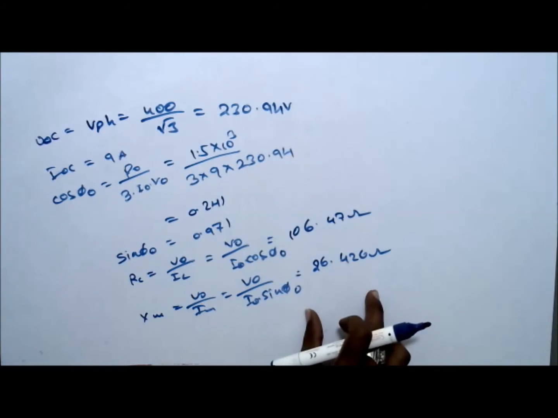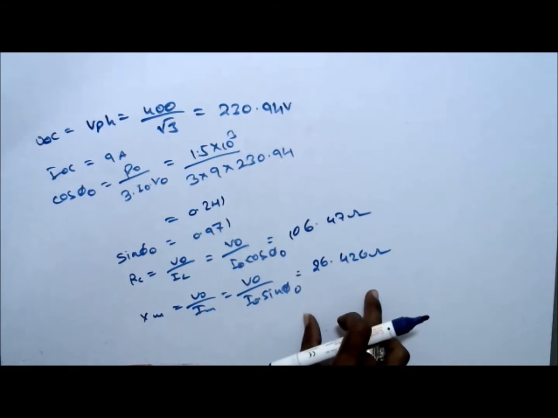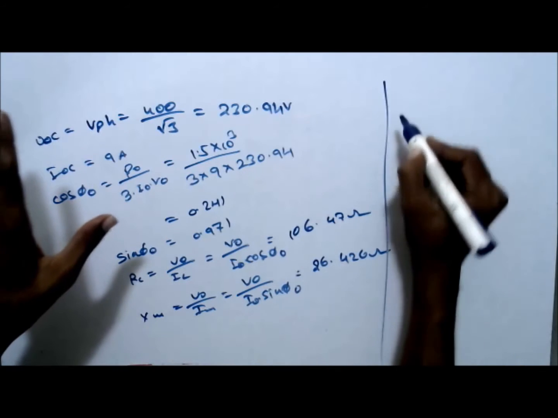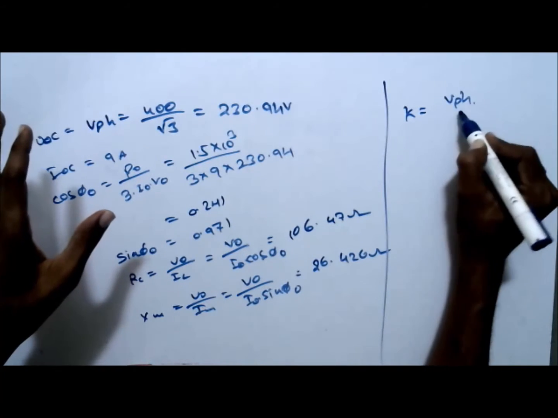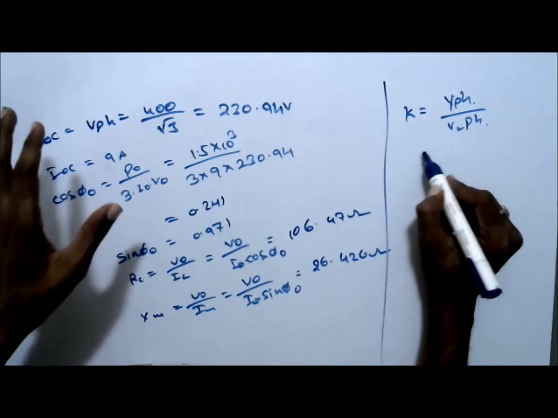See here, this is all at the LV side. So if you refer these values to HV side, we have to take K. K is calculated on the basis of per phase, not on the line voltage side. So find the value of K and refer to HV side. K is equal to V1 phase divided by V2 phase.